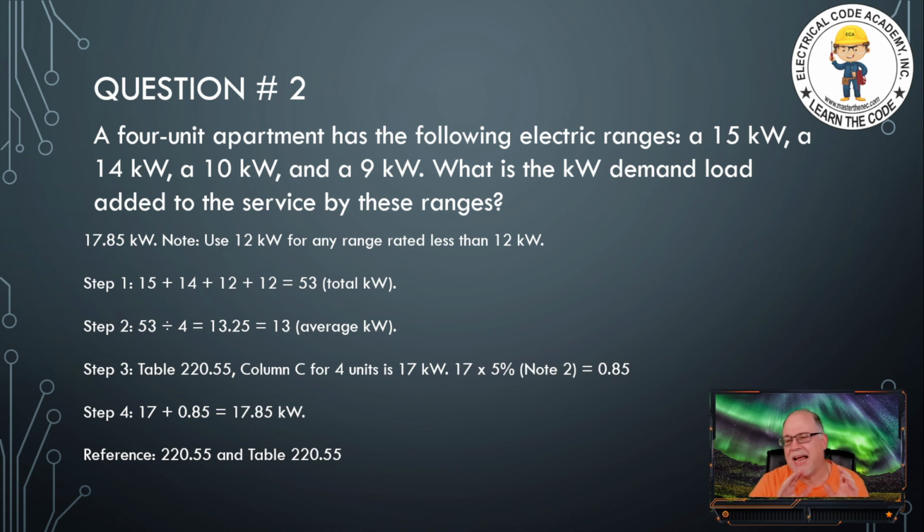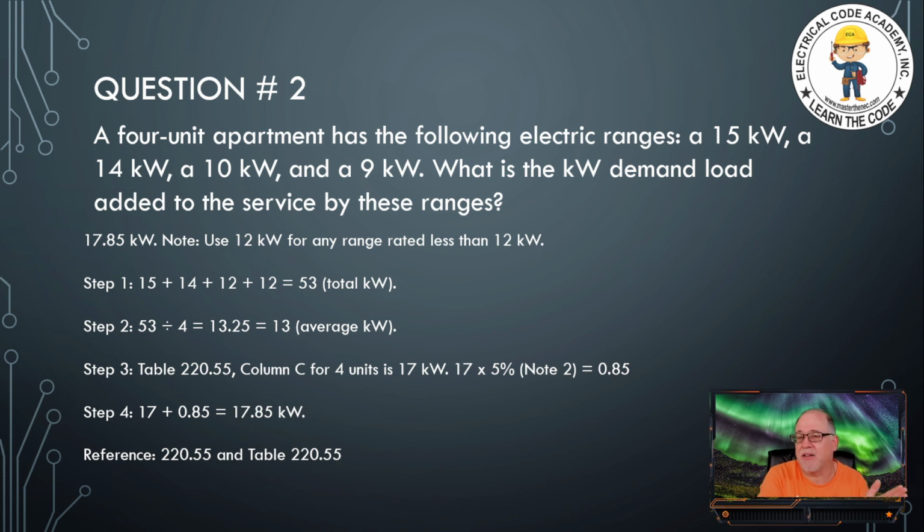I think what happens here is people get confused. The exercise that we did at the beginning was just to take all of those ranges and find an average. Once we find that average, then we apply the 5% for every kW that exceeds 12. Once we find out what that percentage is, we're done with that.